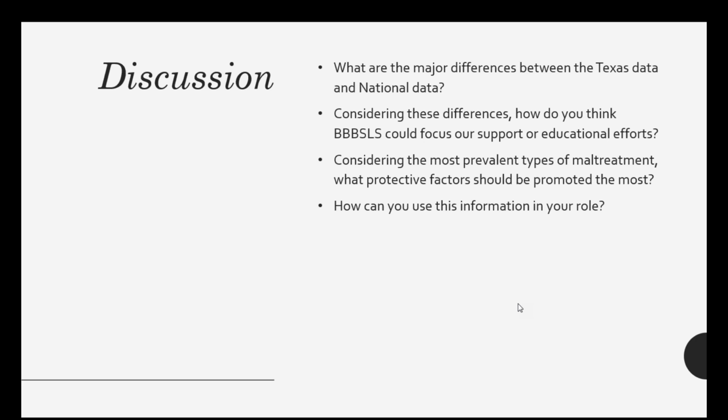So we named one, which is parental education. Another one is awareness. This is why we do NCAP month, and we talk about it, because awareness of abuse and neglect is actually considered a protective factor. Kids and people in general are not going to report things if they don't understand it.